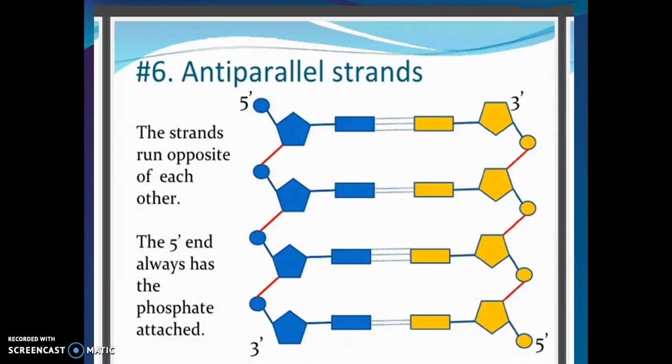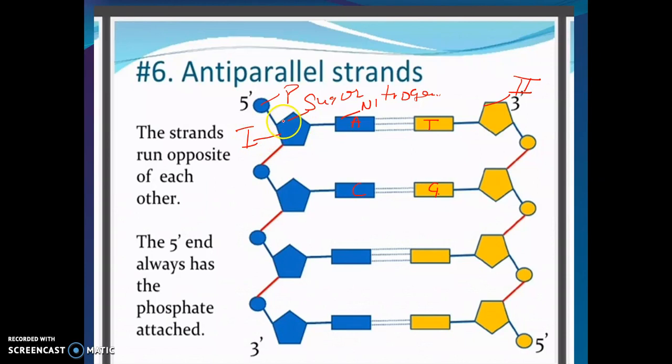Let's look at this. Again, just repeating, this is phosphate, this is pentose sugar, and these are the nitrogenous bases. Adenine always base pairs with thymine, cytosine pairs with guanine. If you're looking at the strands, this is strand 1, this is strand 2.